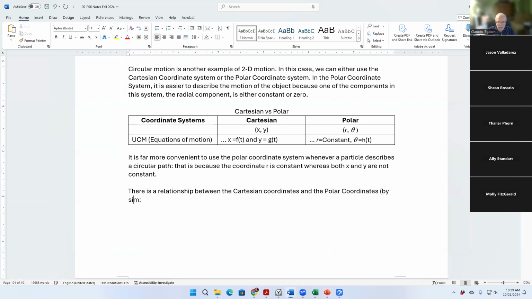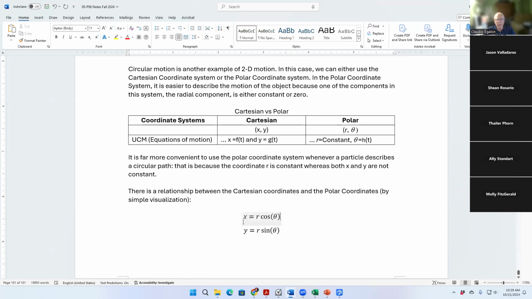By simple visualization, like that, x is what? R cosine theta, like that. And y is r sine theta, right?